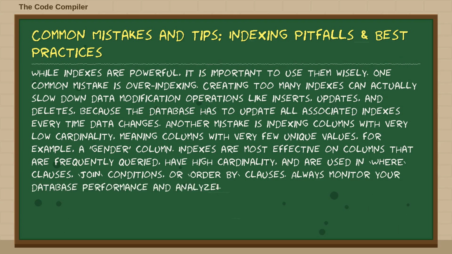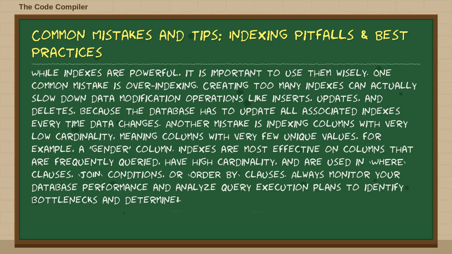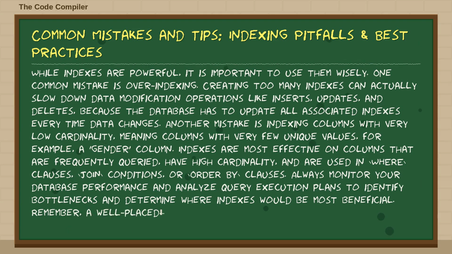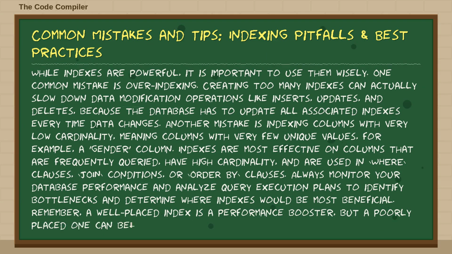Always monitor your database performance and analyze query execution plans to identify bottlenecks and determine where indexes would be most beneficial. Remember, a well-placed index is a performance booster, but a poorly placed one can be a burden.